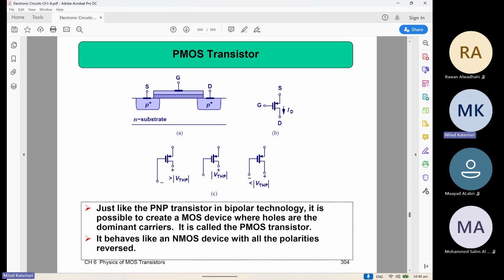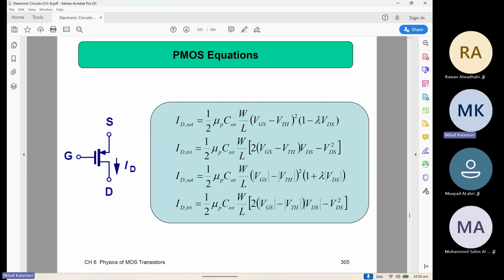So we don't need to repeat everything for the PMOS. We just know that the channel of the PMOS is a P channel, meaning that the holes are conducting in this substrate, and the substrate is N-type. So everything for the PMOS is similar, except that the polarity of the voltage and the current changes.